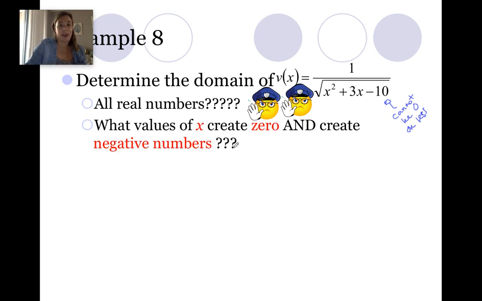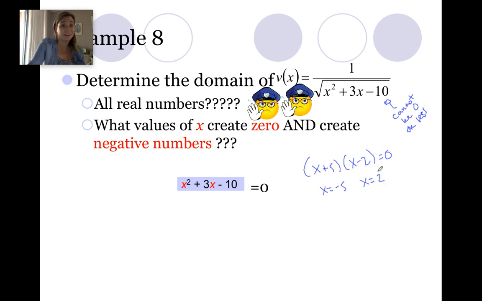So what values of x create 0 and create negative numbers? I'm going to set it equal to 0, and we did this one, didn't we? We factored this in our last slide: x plus 5, x minus 2, and we got x equals negative 5 and x equals 2. I do want a number line for this. I'll put negative 5 and 2 there, and guess what? These are open circles because they're not allowed.